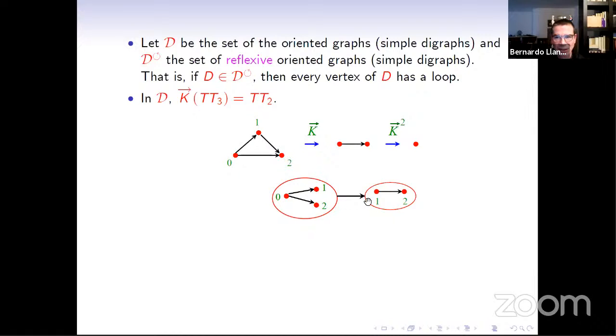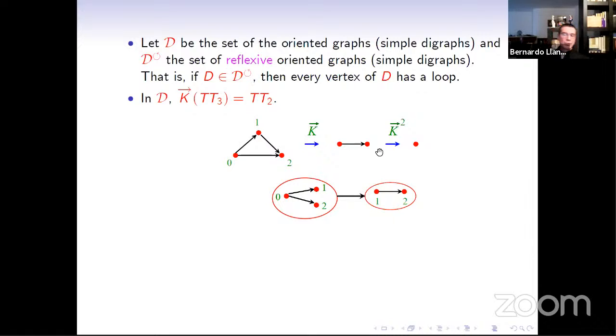Here you have the image, which is an arc, the TT2. And of course, after two iterations, you have that TT3 is convergent.